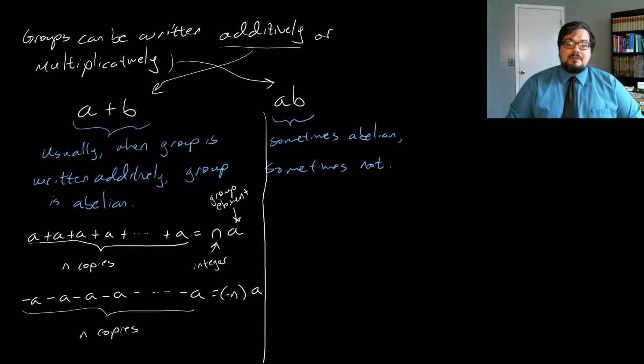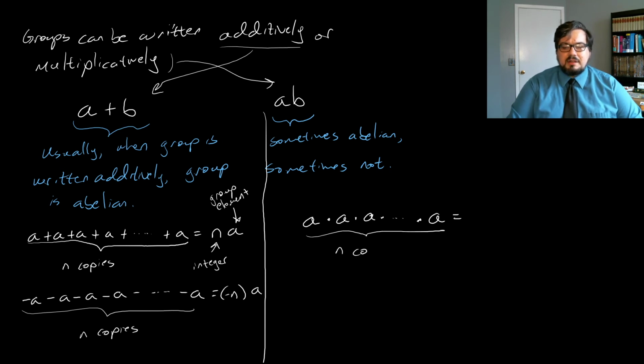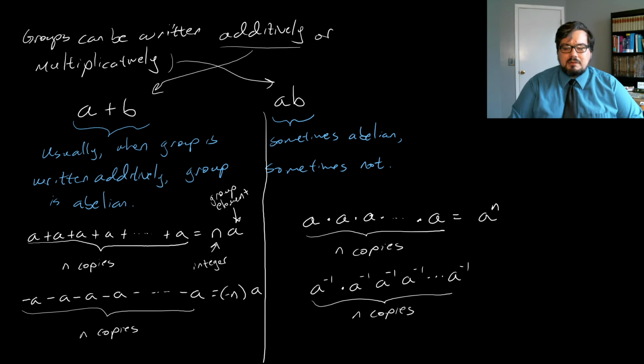And now when we have a repeated multiplication, we're going to write that using exponential notation. So a times a times a, blah, blah, blah, n copies of that is a to the nth. And if I take a whole bunch of inverses of a and multiply them all together, that gives us a to the negative n.